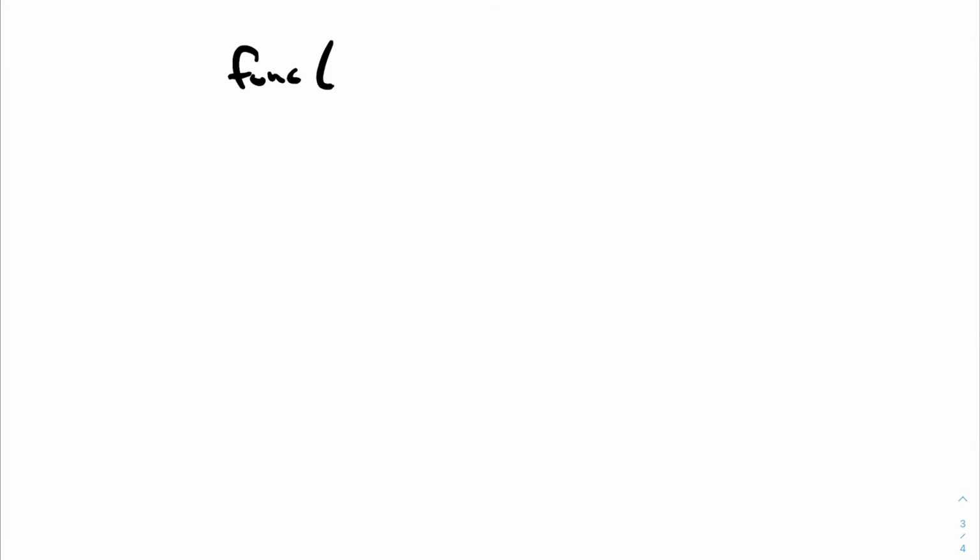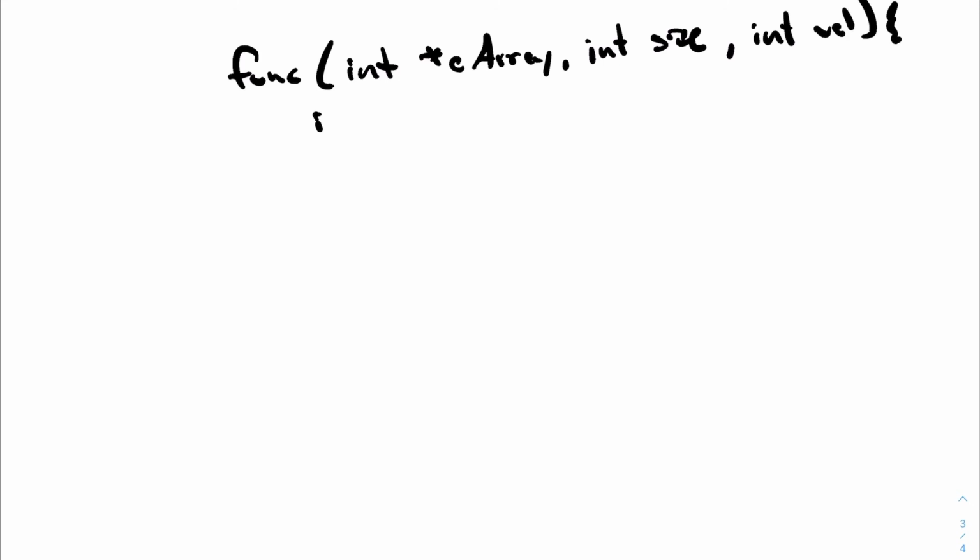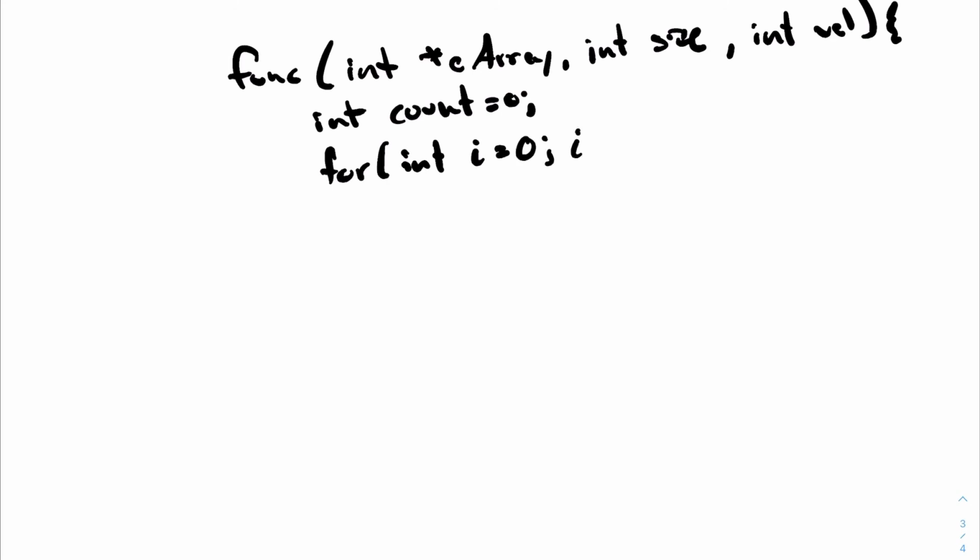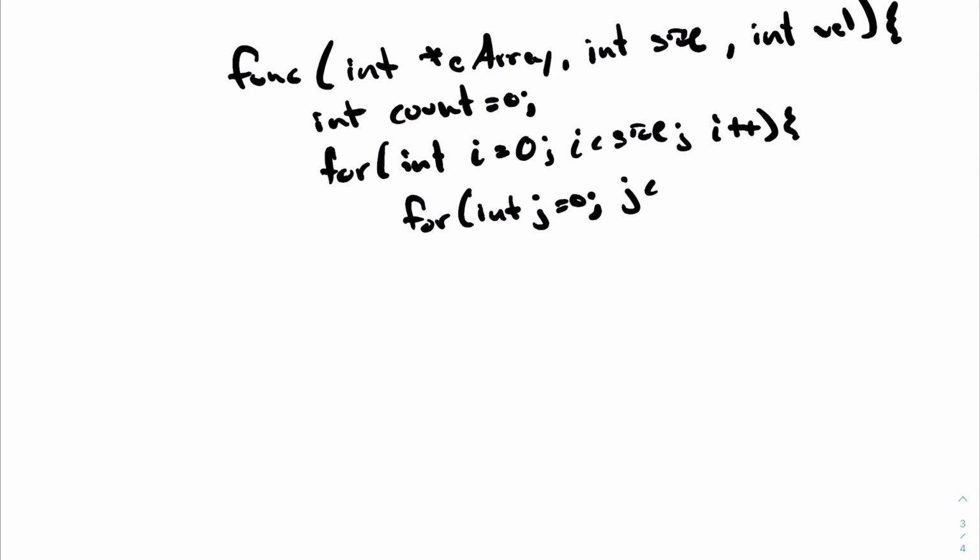In this function, I've got an array, I've got a size, I've got a value, my count I'm initializing to 0. For int i equals 0, while i is less than size, i plus plus. For int j equals 0, while j is less than size, j plus plus.